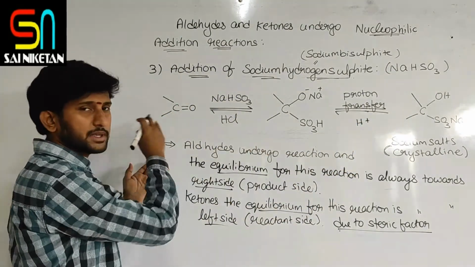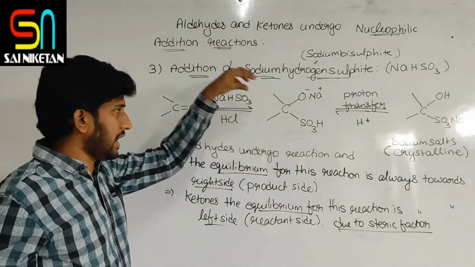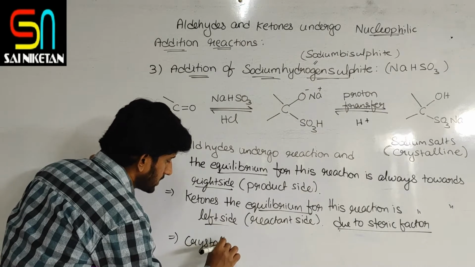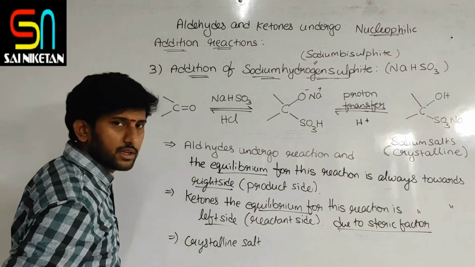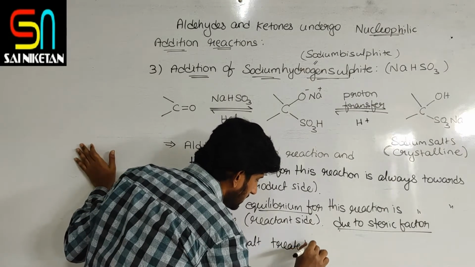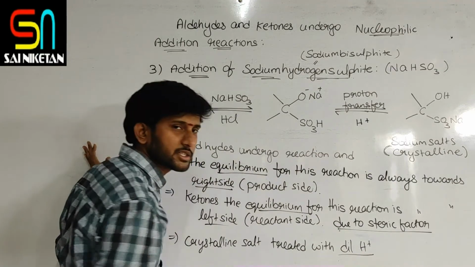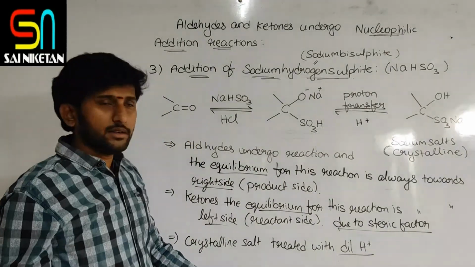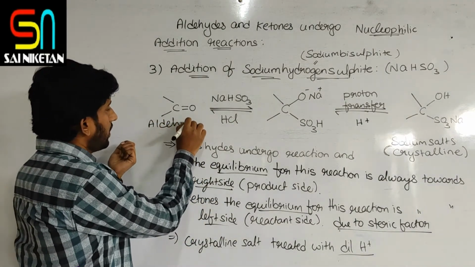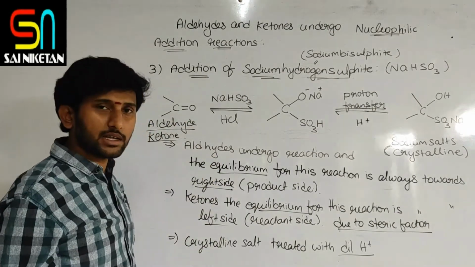Means the reaction can also take place in a reverse direction. When this crystalline salt which is formed in the reaction is treated with dilute mineral acid, or I can say any acid H plus, then again the respective aldehyde or ketone is obtained.